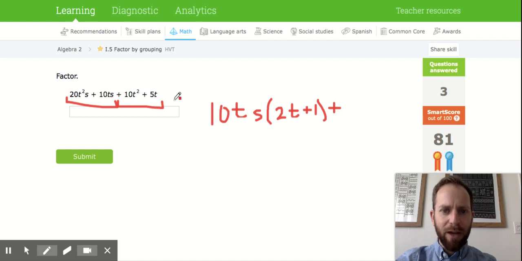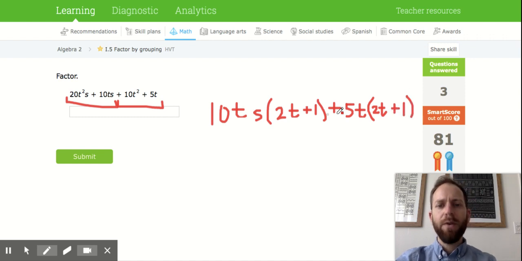Well, I could take out a 5 again, 5 and 10, right? And I can take out 1t. And here we would have, let's see, what 5t times what makes 10t squared? Well, times 2 and times t. Oh, perfect. This is going well. And then 5t is outside already. Good. So this would just be positive 1.